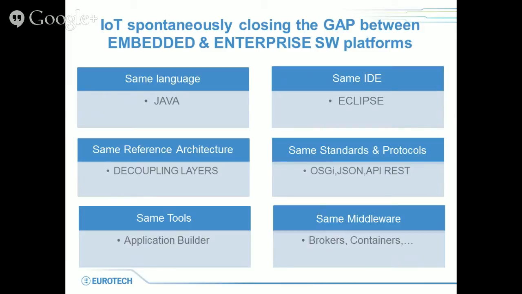So tools that permit a developer to create an application in a short time with a very limited space for source coding. That means higher usability. And then we see that we are using the same middleware, so the same brokers, the same containers, the same web servers, etc.